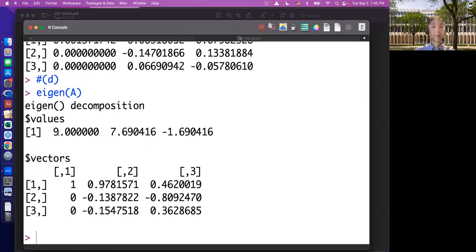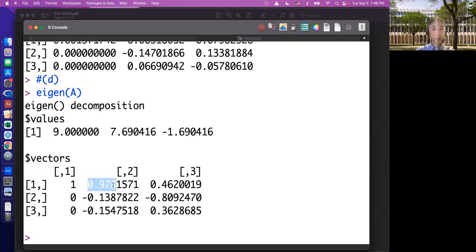So we get the 3 eigenvalues, 9, 7.69 and negative 1.69. So what is the smallest? I find all. Yes, for all possible numbers. So that is 9, 7.69 and negative 1.69. And the vector 1, 0, 0 corresponds to this eigenvector.